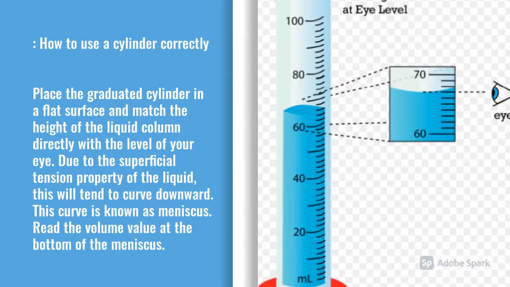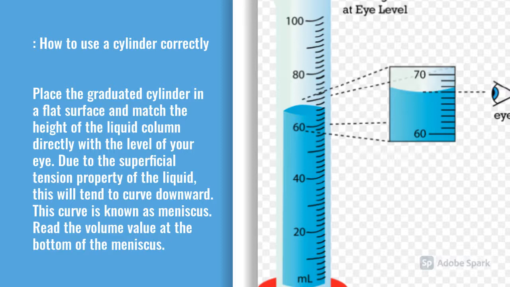To measure volume of a liquid, place the graduated cylinder on a flat surface and match the height of the liquid column directly with the level of your eye. Read the volume value at the bottom of the meniscus. This is shown in the diagram here, and if you read correctly, you should get 67 centimeters.